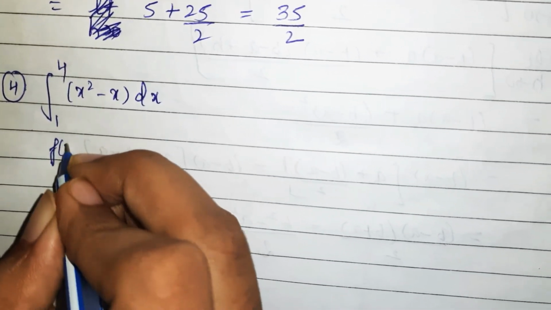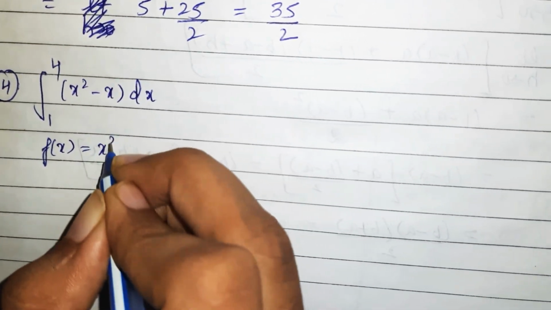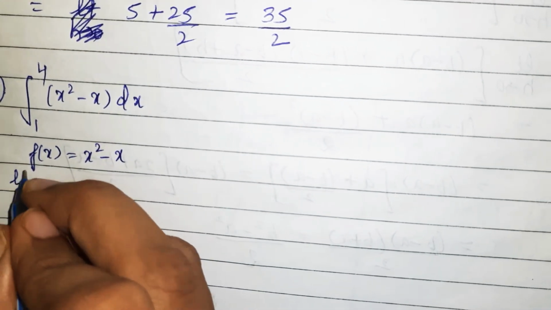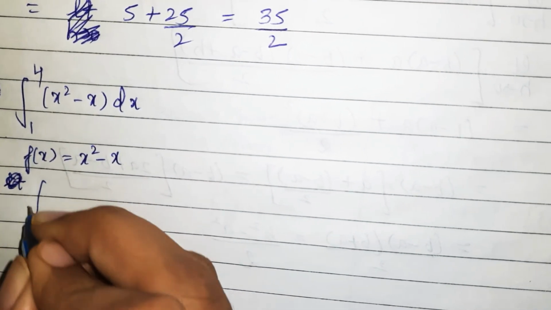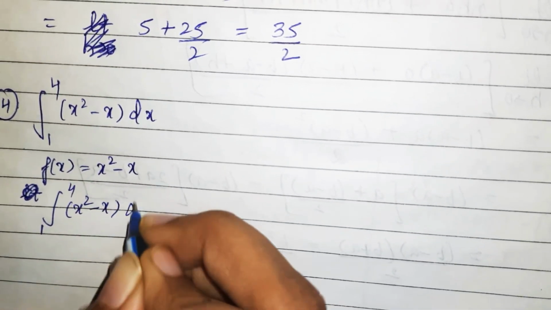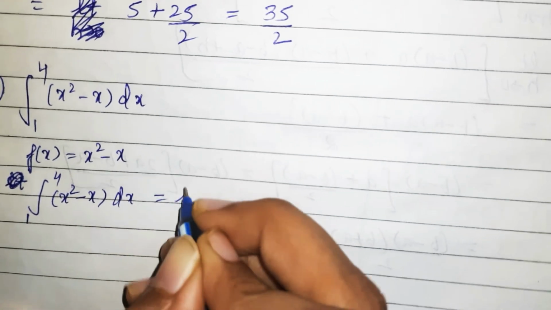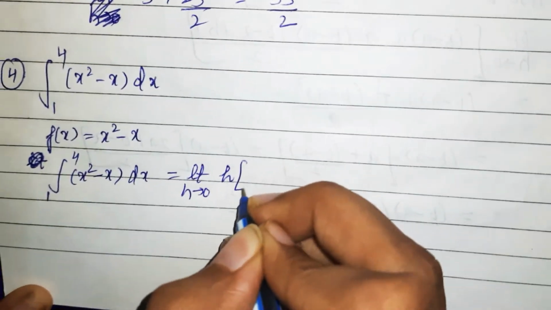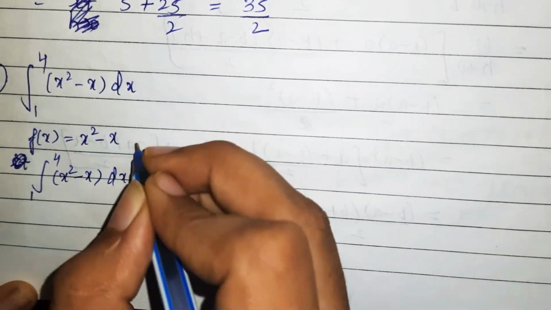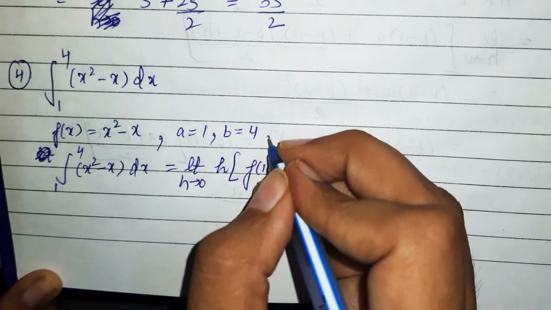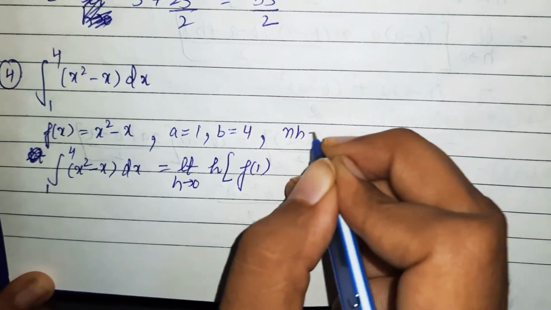f of x is what? f of x is x square minus x. This time if I talk about a to b, 1 to 4, x square minus x dx, limit h tends to 0. So I am getting h, f of a is f of 1 because a is 1, b is 4 and nh is b minus a.